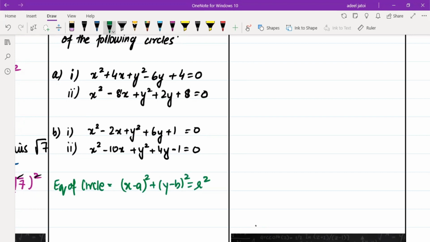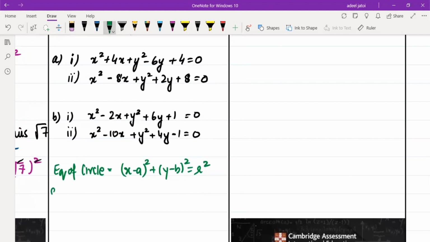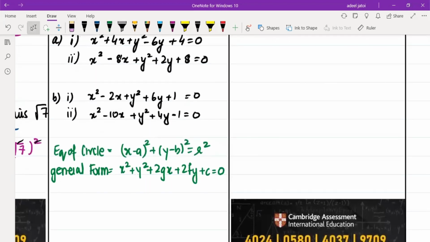So this is your standardized form, but there is a general form as well. And your general form says that it is x square plus y square plus 2gx plus 2fy plus c is equal to 0.